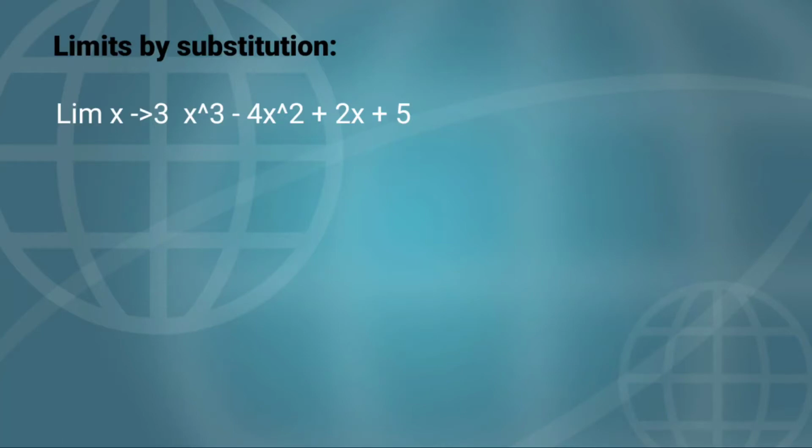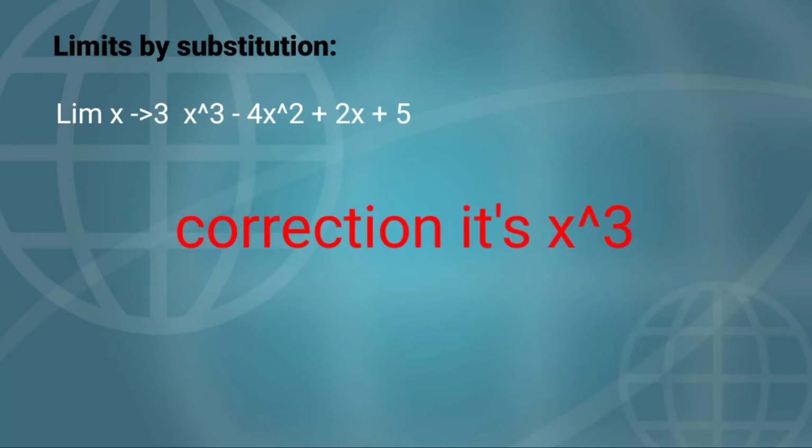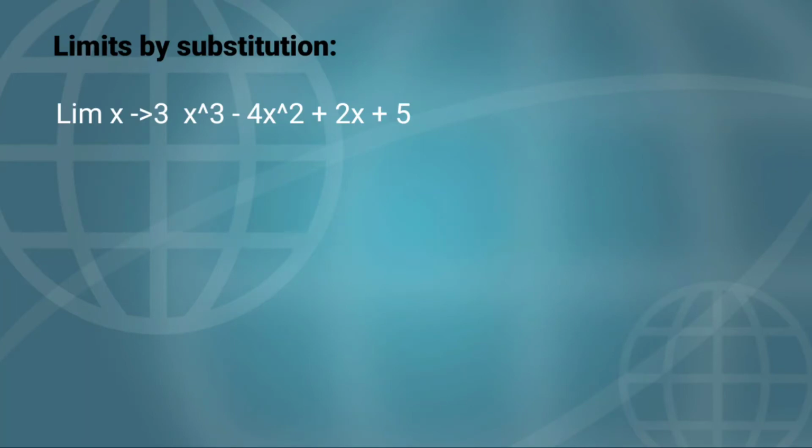substitution. Limit as x approaches 3 of the function x cubed minus 4x squared plus 2x plus 5. Sometimes we can just plug in the value x is approaching. So we're saying as x gets really close to 3, what's the value of this function?